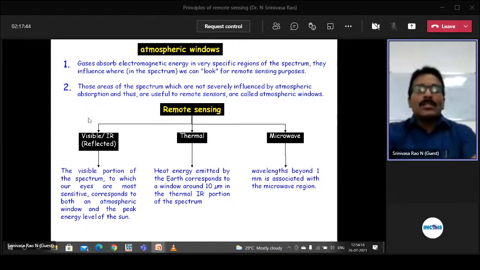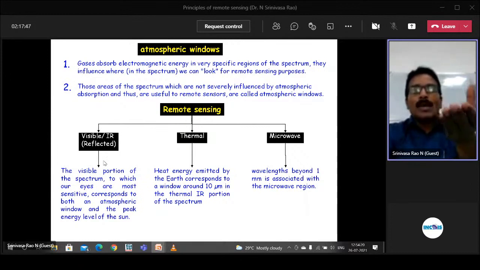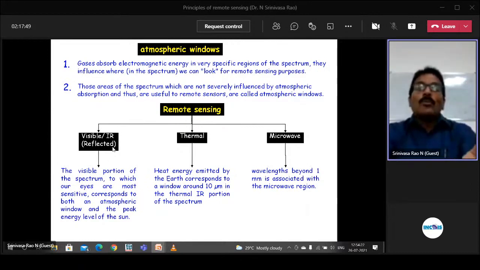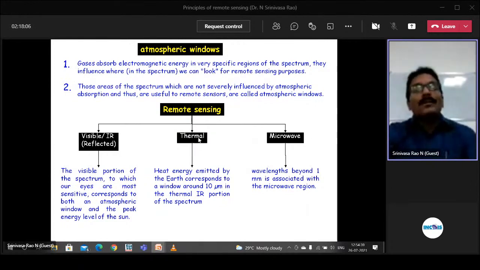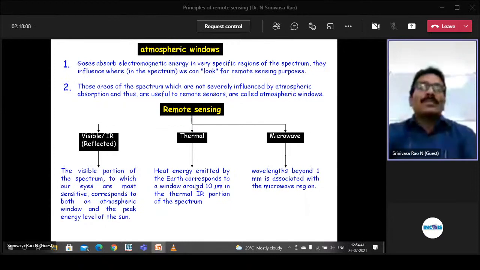It is operational in the daytime, and these are short waves carrying the most valuable information. The energy is more, so very good information it captures. Even though the shorter wavelengths scatter more, the longer waves, green and red, carry very good information. Similarly, thermal gives the temperature information.